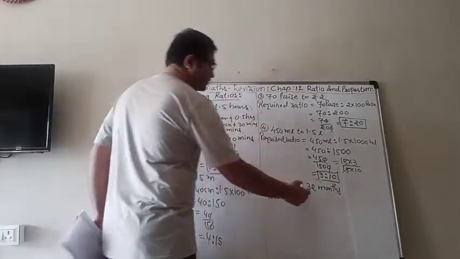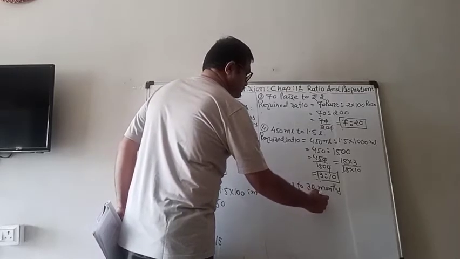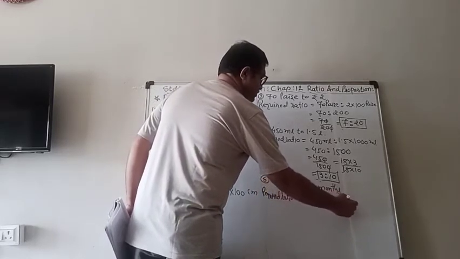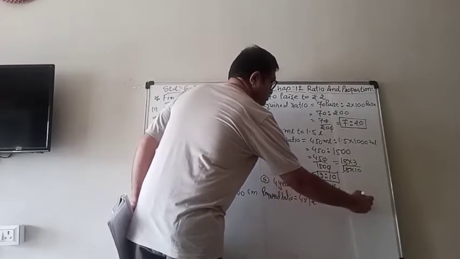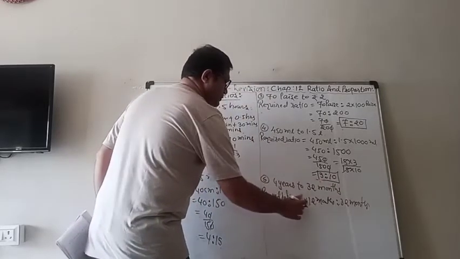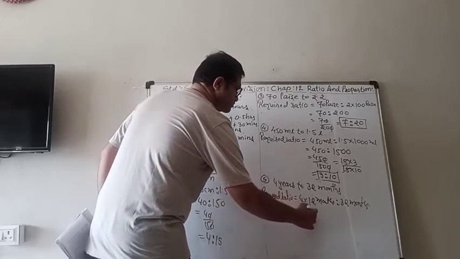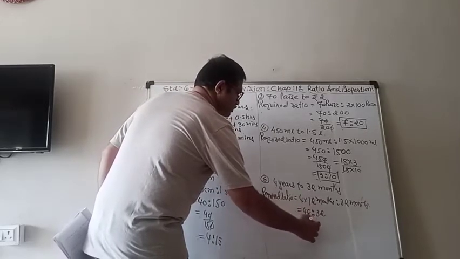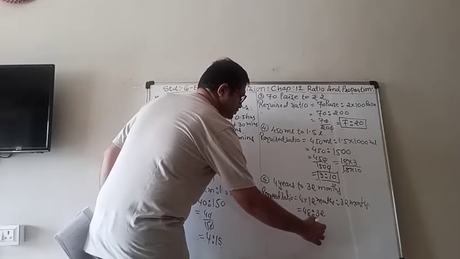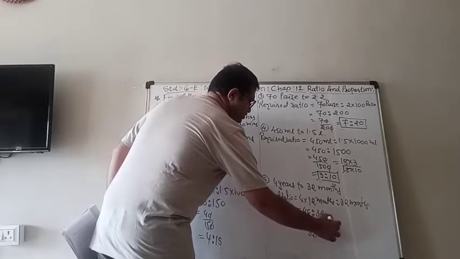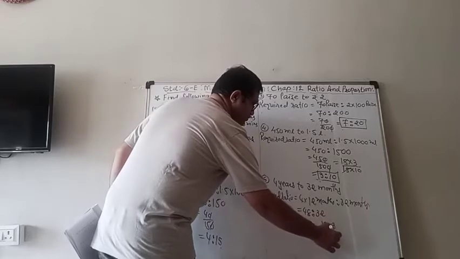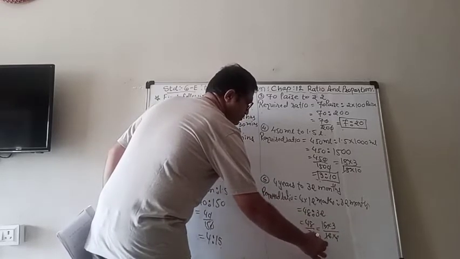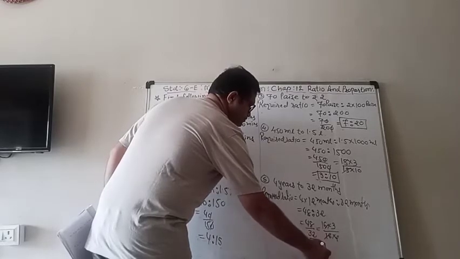So 4 years multiplied by 12 months is to 32 months. So 12 4s are 48 is to 32. 48 upon 32. 16 3s are 48, 16 2s are 32. So your answer is 3 is to 2.